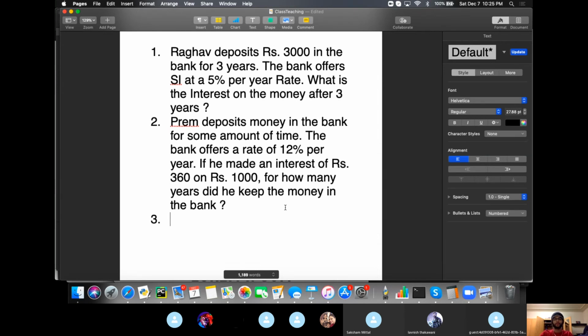Third one, what name? Lakshman deposits rupees 12,000 in a bank for 6 years.